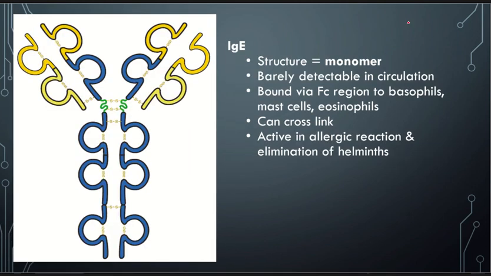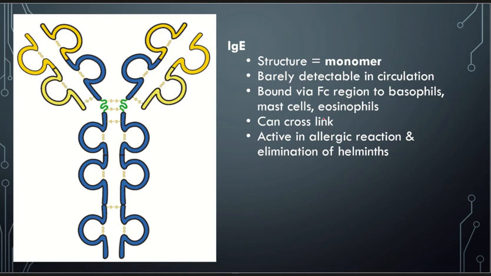IgE is also found as a monomer. It makes up about 0.002% of your serum antibodies, and it only has a half-life of 2 days. So both IgD and E have pretty short half-lives, and there's very little of it normally circulating in your serum.